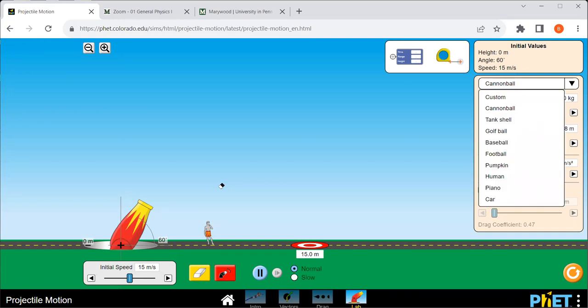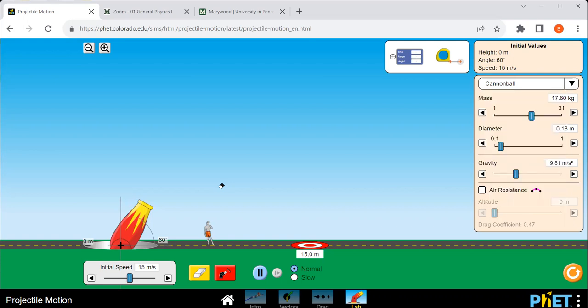You can use a car, piano, human, many options. You can also change the mass of the cannonball. Diameter is not that important. You can also change the gravity, but let's keep the gravity as 9.8 or 9.81 meters per second squared, because this is our gravity on the surface of Earth.